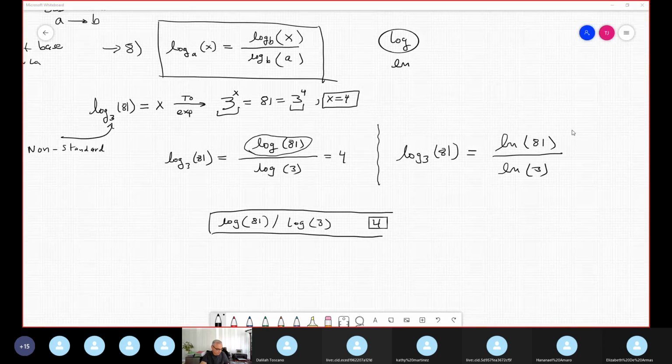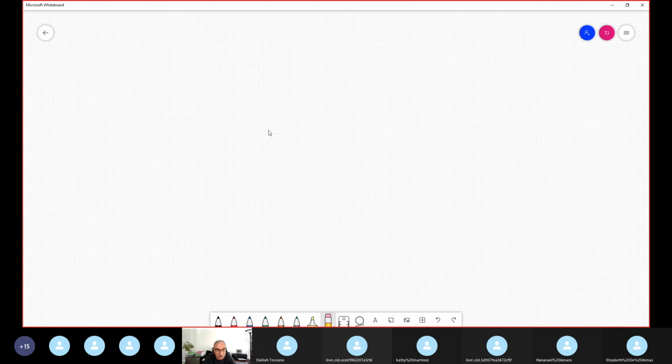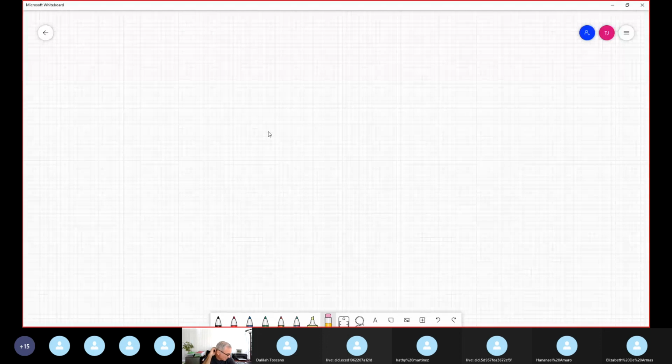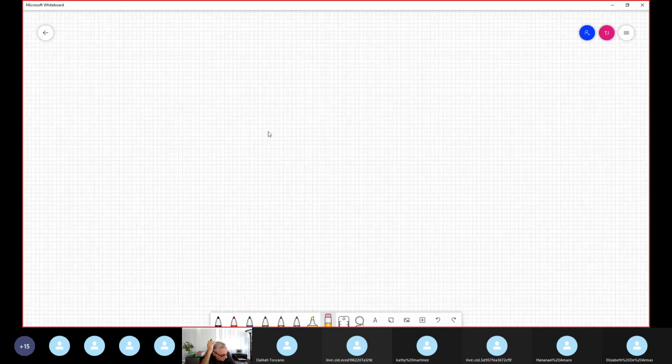Okay. So I propose now, using the properties of the logarithm that we studied so far, to do some elementary examples, for example, how to expand or condense.